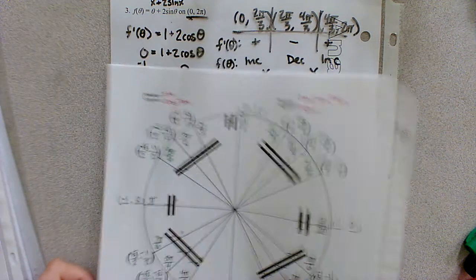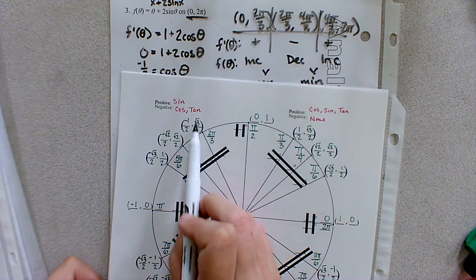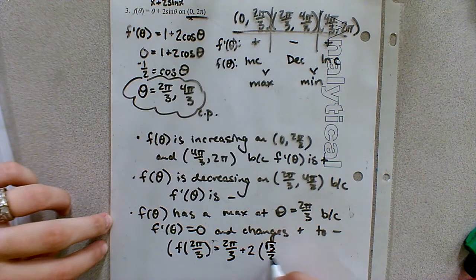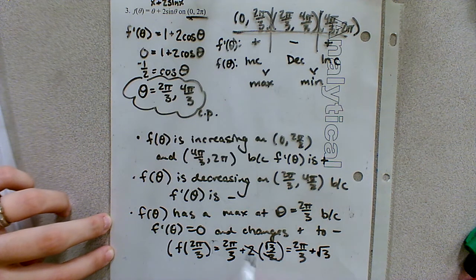So let's go ahead and go to that angle location. 2 pi over 3 is right here. The sine value is square root of 3 over 2. So we can go ahead and substitute that in. So it looks like we're left with 2 pi over 3 for the first term, and then we're going to add the square root of 3 since the 2's would cancel. So you can leave your answer like that. I know it looks a little weird, but this is still representing a maximum height on your graph.